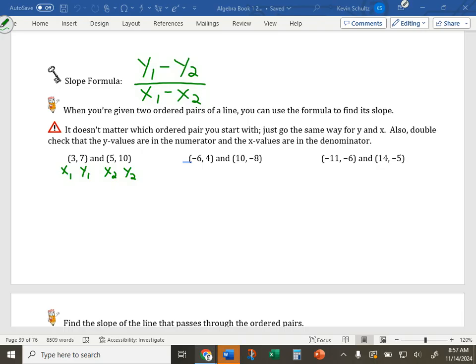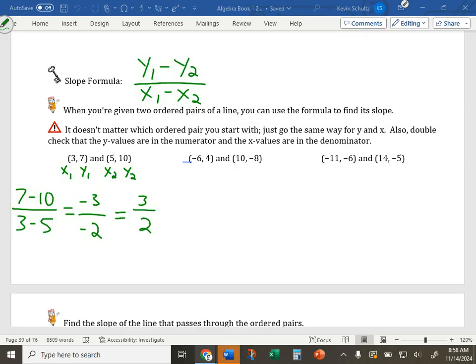y1 minus y2, 7 minus 10, over x1 minus x2, 3 minus 5. What do we get? The numerator is negative 3 over negative 2, which simplifies to positive 3 over positive 2.